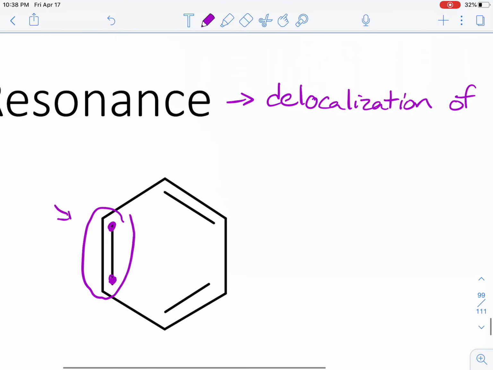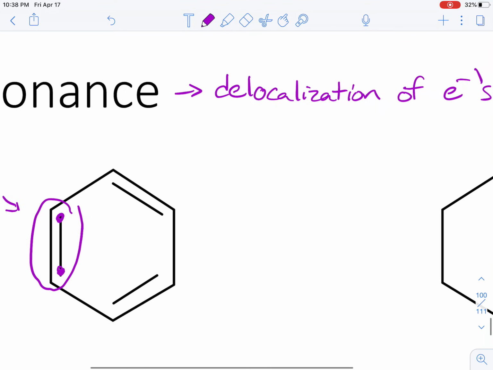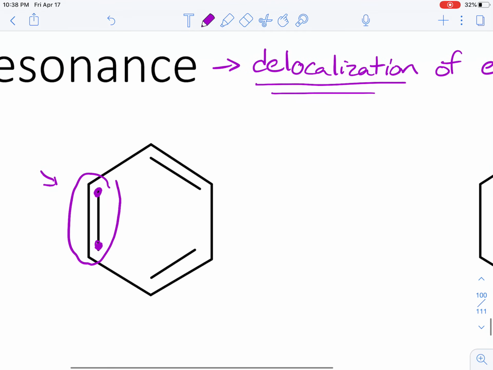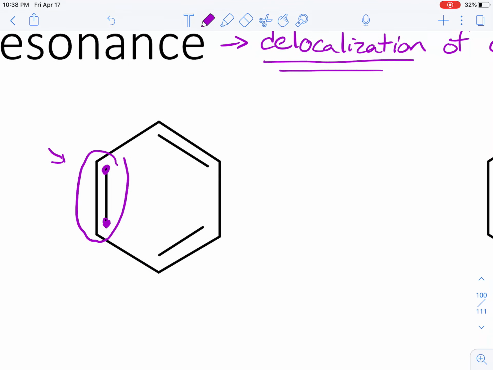Now, for aromatic compounds, one of their properties is this idea of delocalization of electrons, where the electrons that make up the double bond are in constant motion. We didn't go over this in the general chemistry portion of this course, just because it's a little bit out of scope for this class.